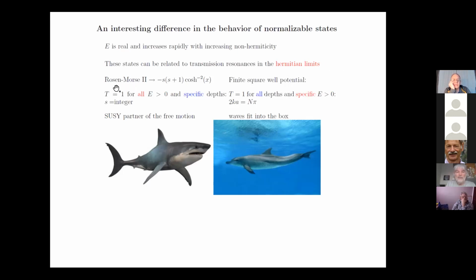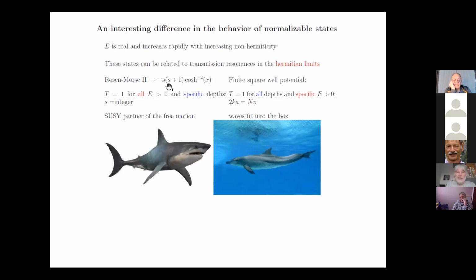In the case of the Rosen-Morse potential in the Hermitian limit, you have this Pöschl-Teller potential hole, the real component of this Rosen-Morse potential. This potential is known to have a very special feature: it can have complete transmission for all energies at specific depths. So at all energies, it will be transparent.